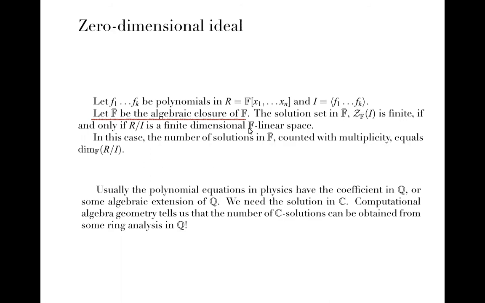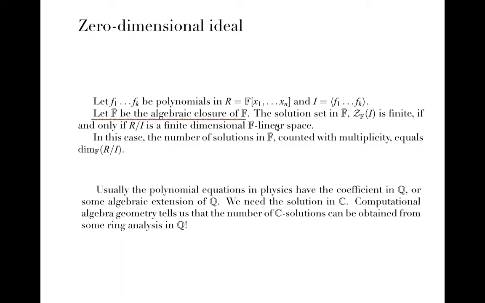So that means there is some correspondence between Q and C. It's very easy to do the computation analytically on this side. Consider the quotient ring R over I, always with rational coefficients, or at most i or square root of 2 or something. Everything can be done analytically. But if you really go to C, then possibly you have to work with some numerical instability. That's a little bit difficult.